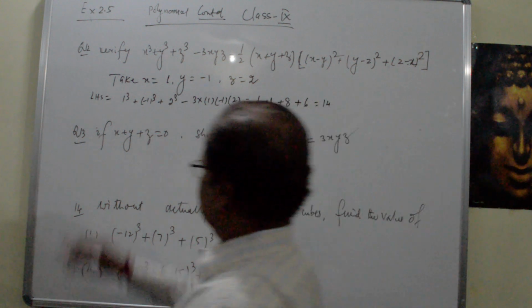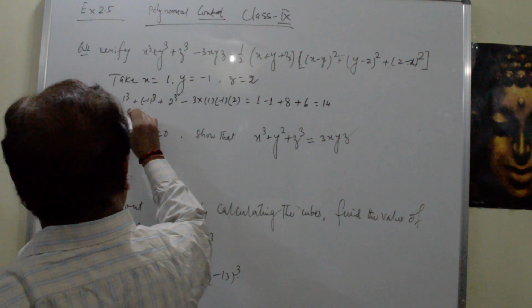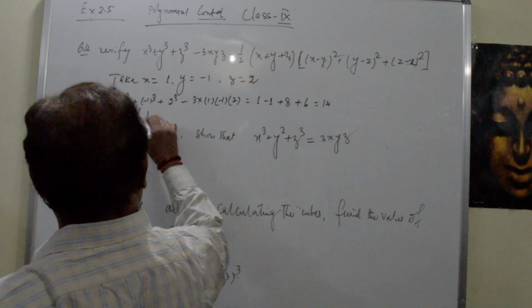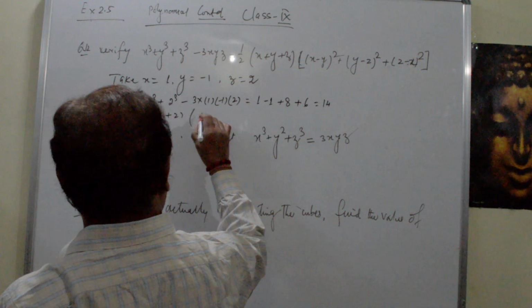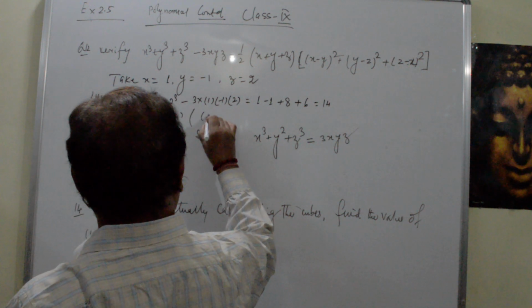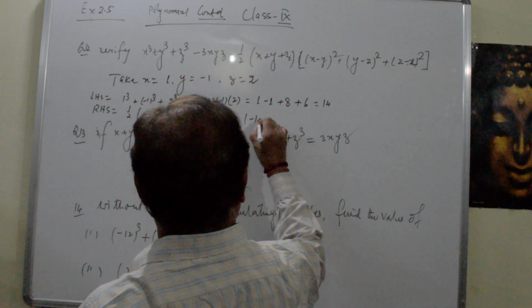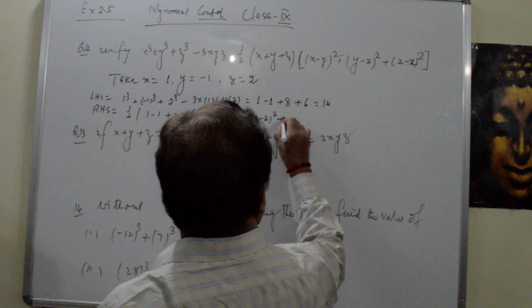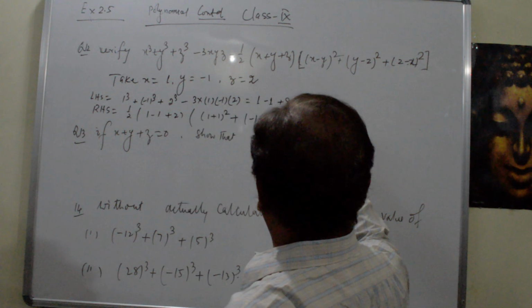Now come to the right hand side. So RHS is what? Half (x plus y plus z), 1 minus 1 plus 2, then (x minus y) whole square, (1 plus 1) whole square, plus (y minus z), (minus 1 minus 2) whole square, plus (z minus x), (2 minus 1) whole square.